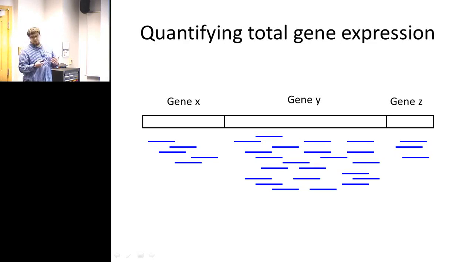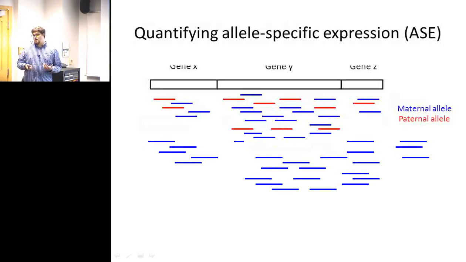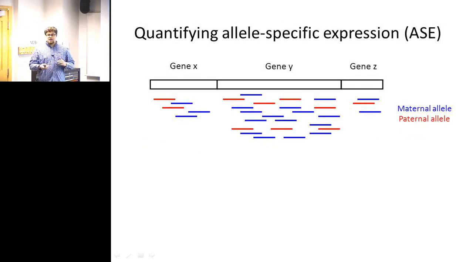As we know, in diploid organisms, a gene's total level of expression is a result of contribution from both a maternal and a paternal allele. So in this case, I'm highlighting for the same example that I just drew out, a set of allele-specific reads aligned to this genome. So here, the challenge is differentiating our set of reads into each one of these alleles.